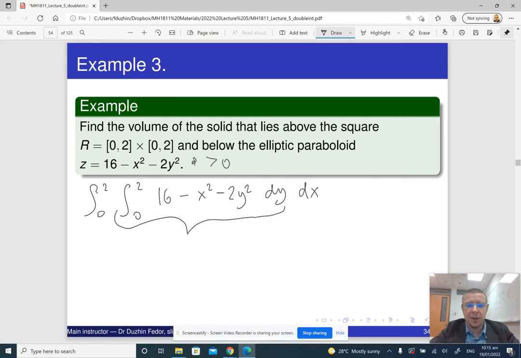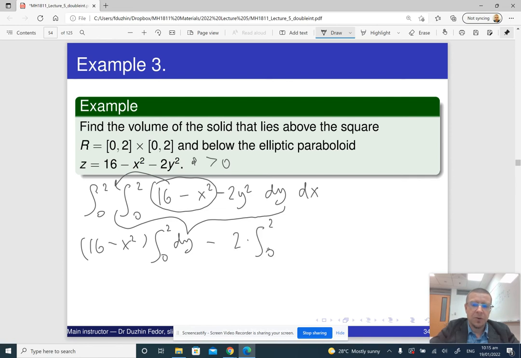So the inside integral with respect to y, and again, I can take this out. So this is going to be 16 minus x squared times the integral from 0 to 2 dy minus 2 times the integral from 0 to 2 y squared dy, right?